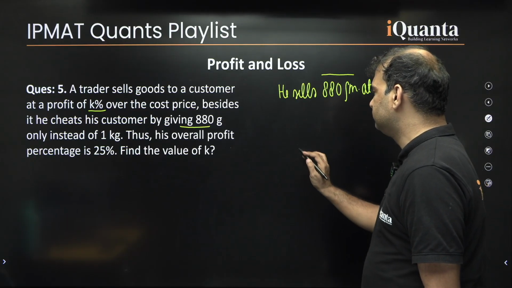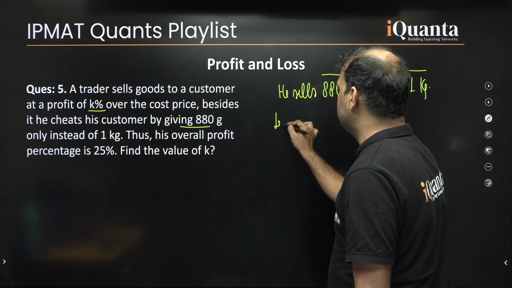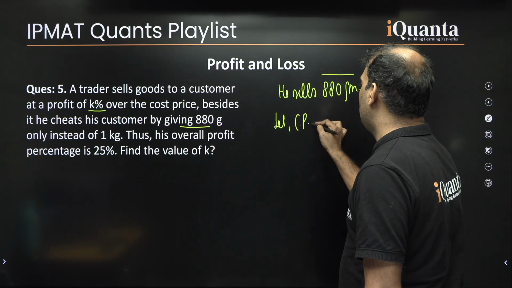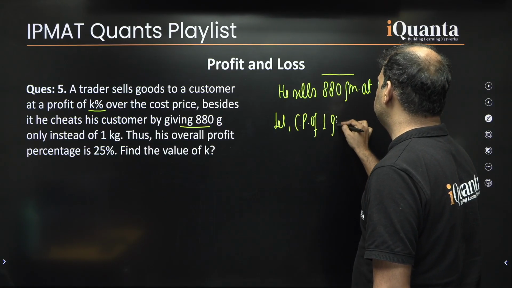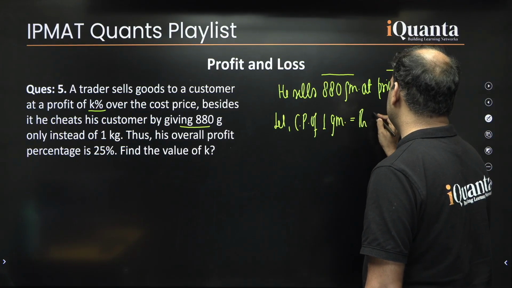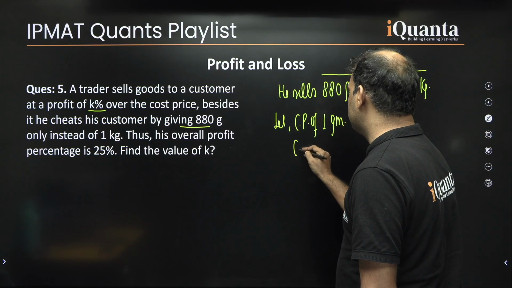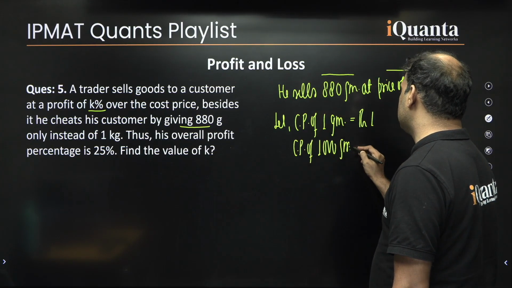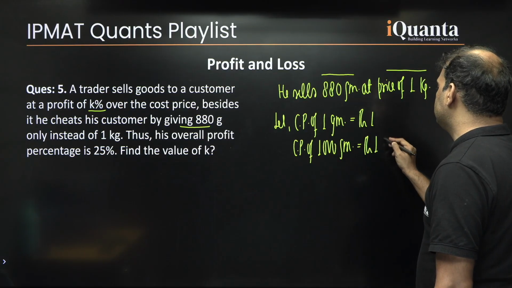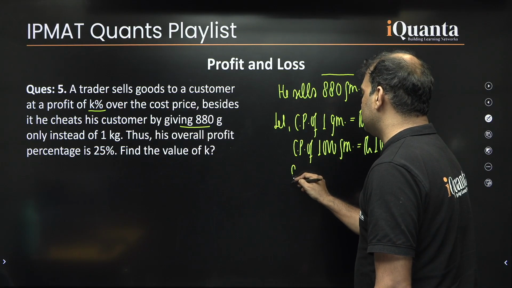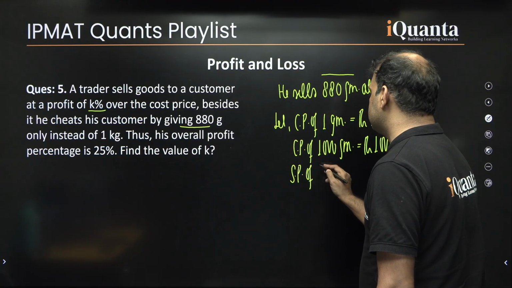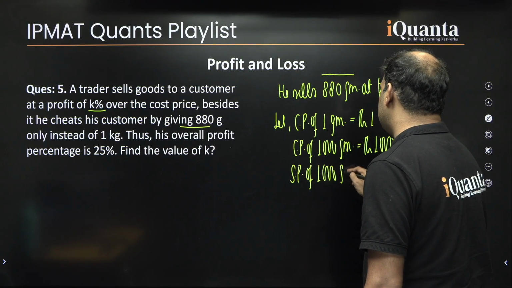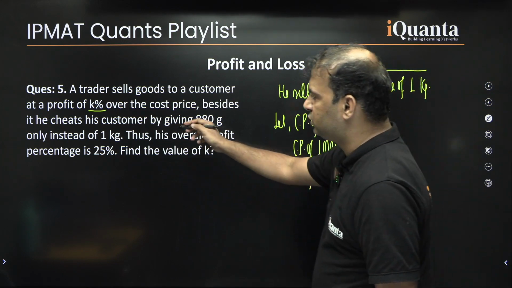Okay, if I just assume that the cost price of 1 gram is, let's say, ₹1, so what should be the cost price of 1000 grams? It has to be obviously 1000 rupees. But we do not know the selling price this time, guys, right? Because originally, we do not know how much profit he makes.